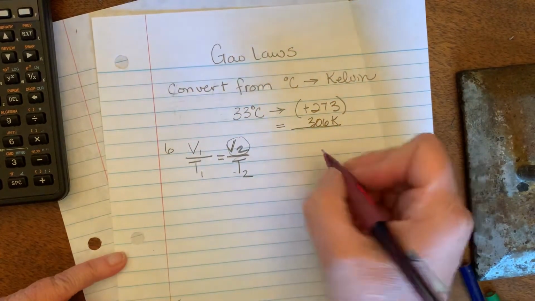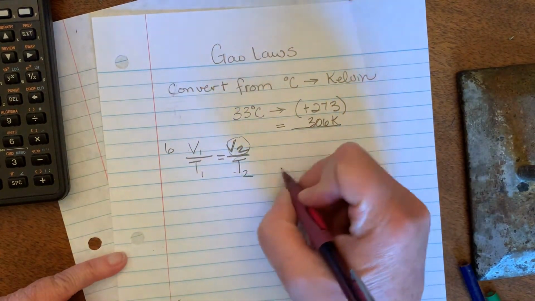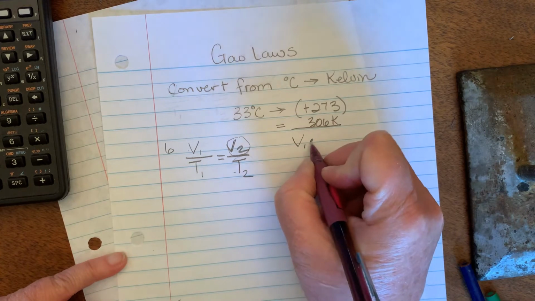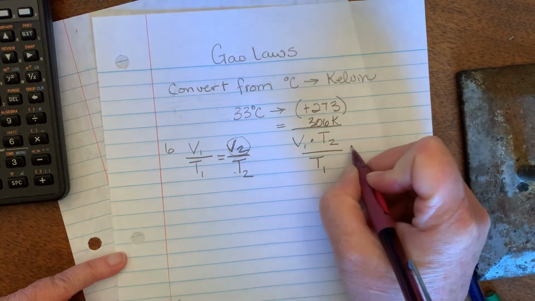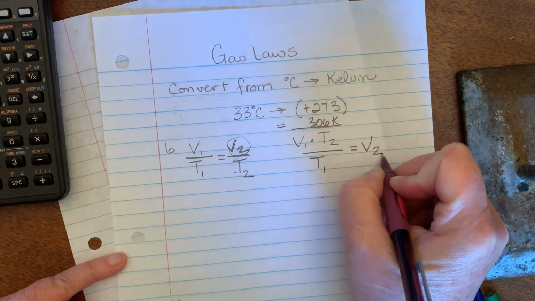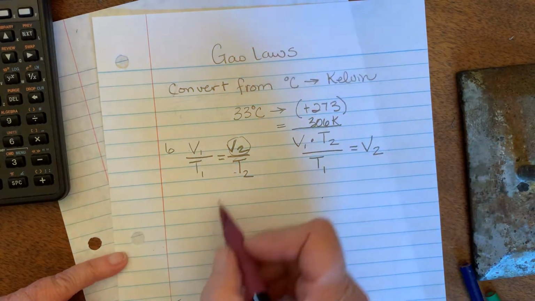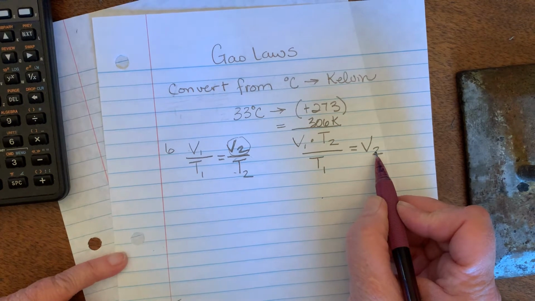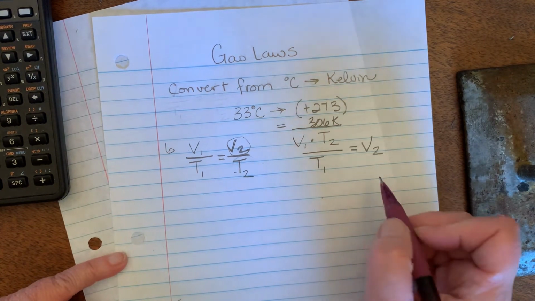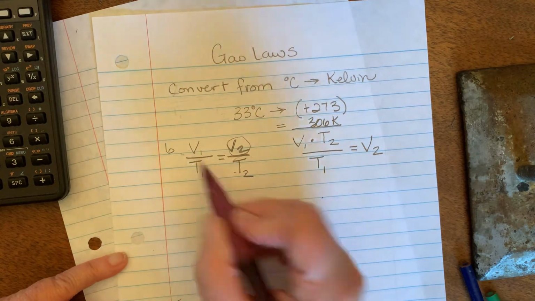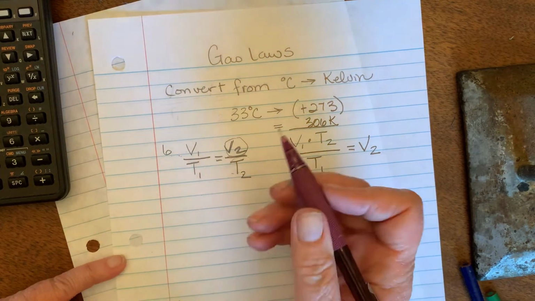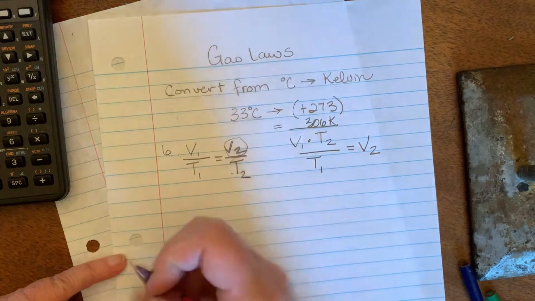So this T2 just needs to move over. I'm going to rewrite this as V1 times T2 divided by T1 is equal to V2. All I did was rearrange the equation by isolating the V2 on the right side of the equal sign, and I moved this T1 over. And if I move it over, I need to move it up into the numerator.